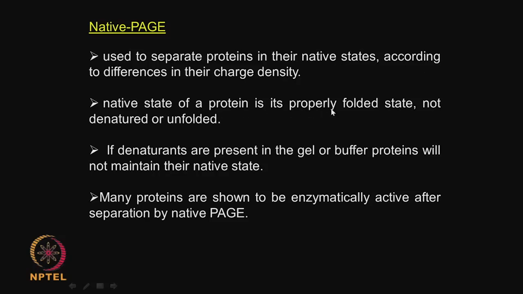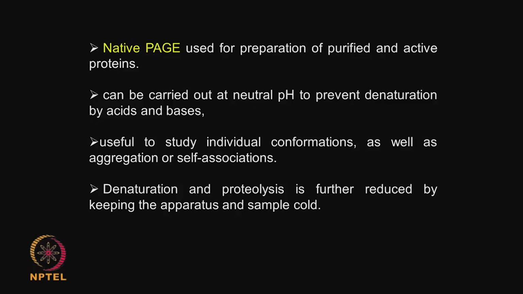The native state of a protein is the properly folded state, so it is not denatured. But if you add denaturants to the protein, buffer or gels, then it loses its native state. With native protein, we can take out the protein and look at activity using biochemical assays, whereas in SDS PAGE the protein loses its activity completely.